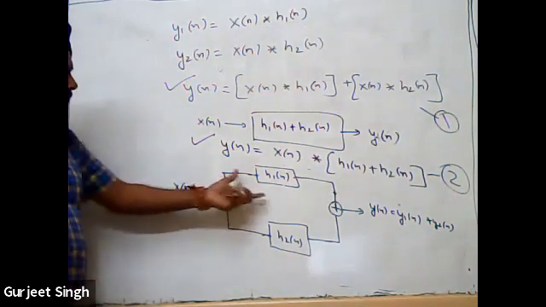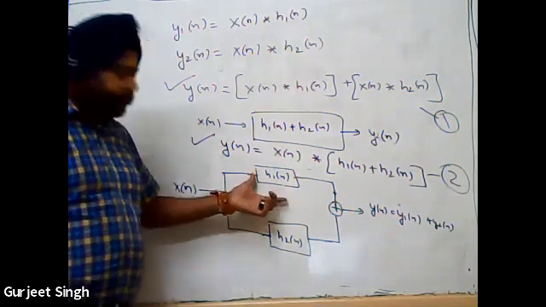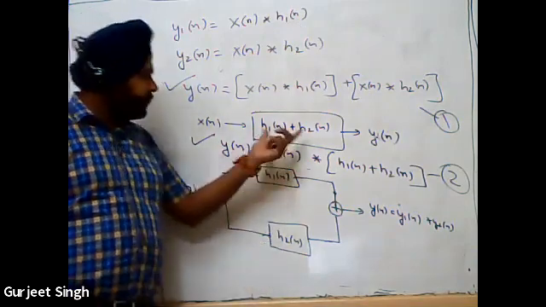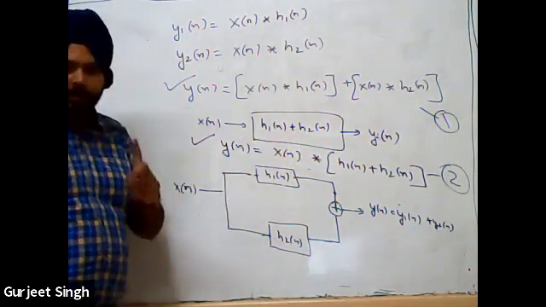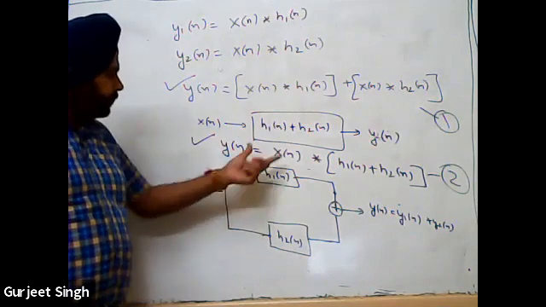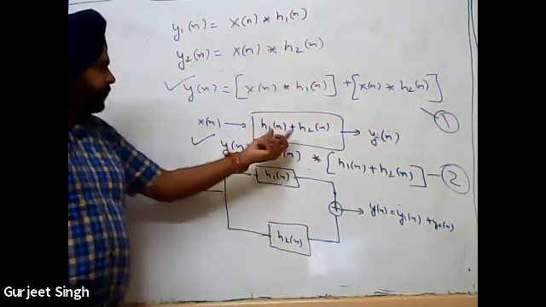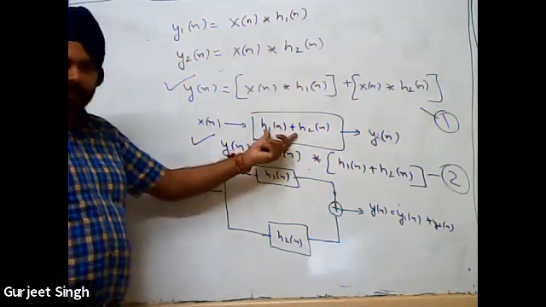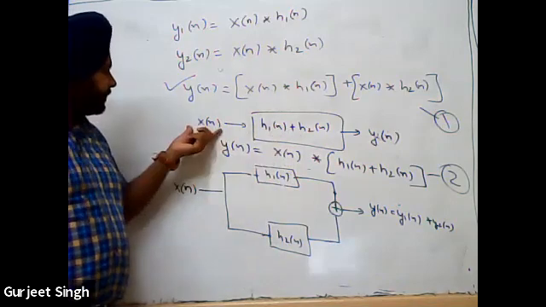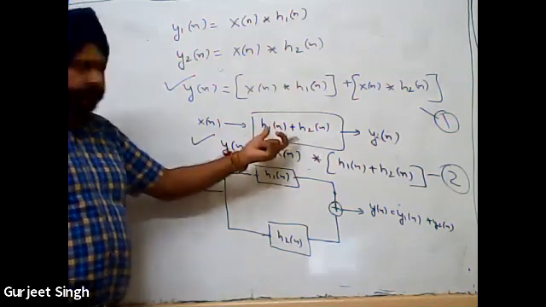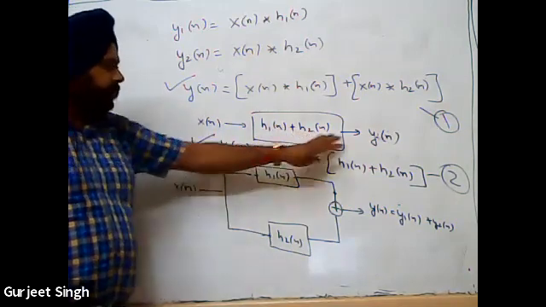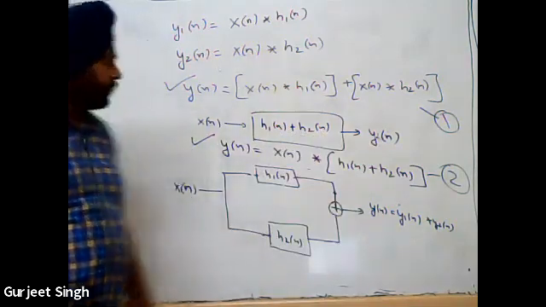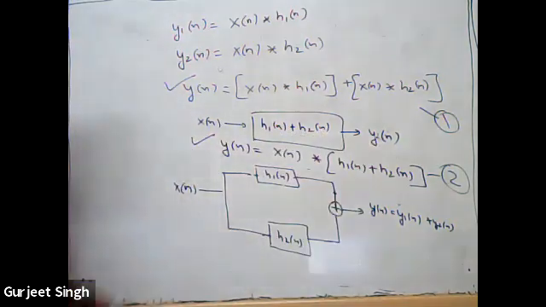We can replace this parallel system with this single system if the impulse response, the important thing, of the single system is equal to the addition of the impulse responses of the two parallel systems. We give this input to this single system, with impulse response h1n plus h2n, and the output is yn.